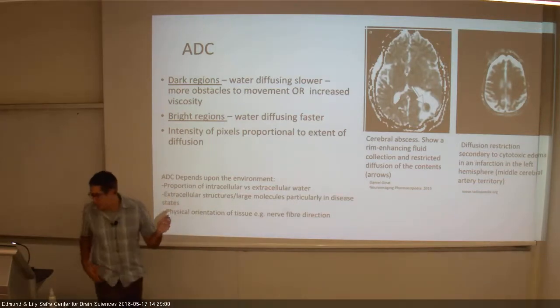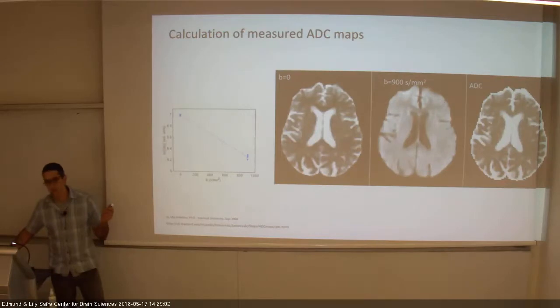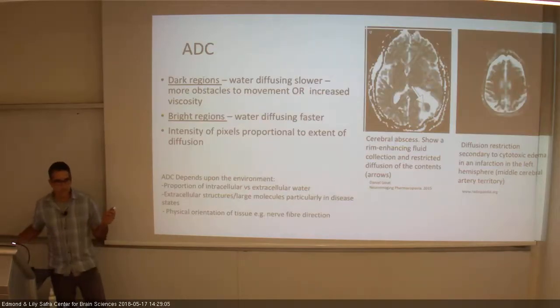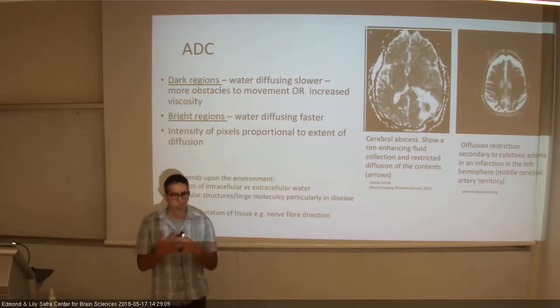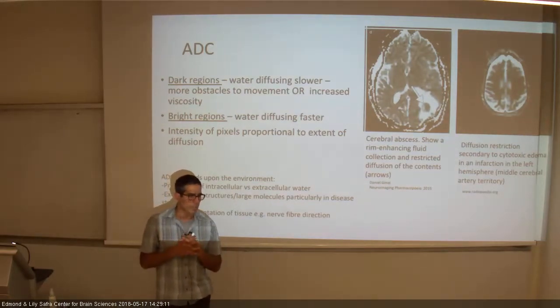You remember this one was with one diffusion measurement. Say I want to look at the white matter, and white matter, if you don't know, has different orientations in the brain and so on. So what should I do? What is the next move? Yeah, do it in many directions.